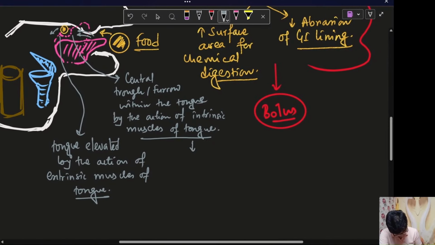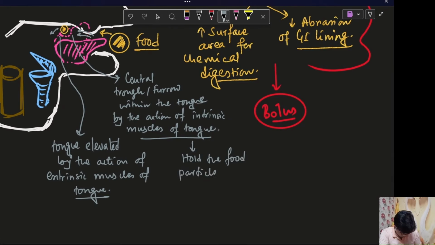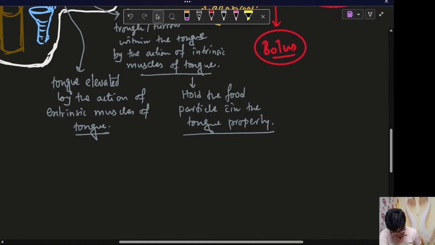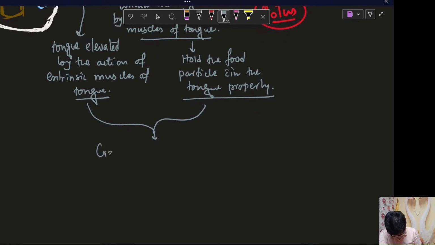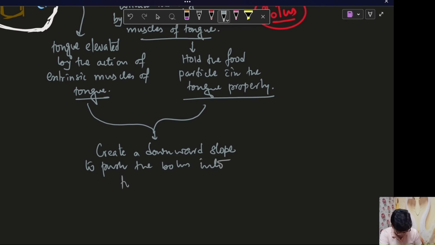The central trough will hold the food particle within the tongue properly, and the tongue elevation, both of them will create a downward slope to push the bolus into the oropharynx.